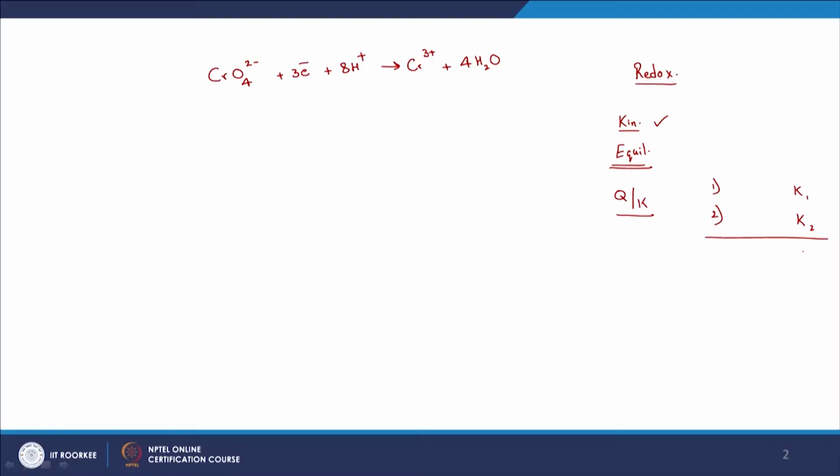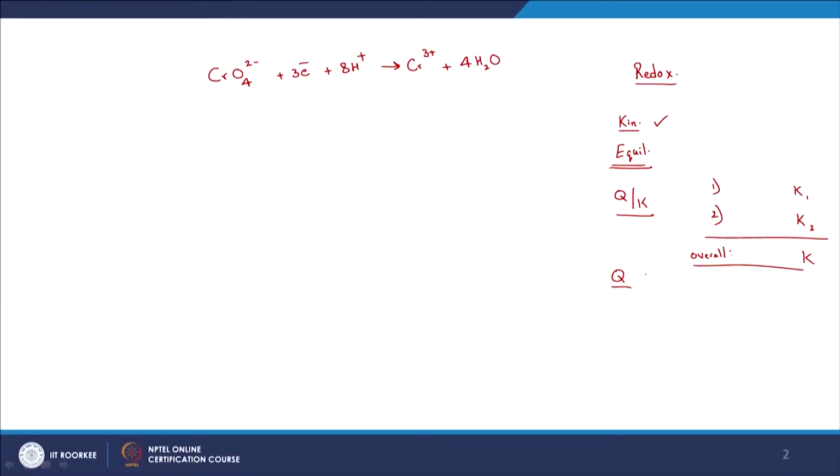Then we saw how to come up with our particular K for the overall reaction. The key is that the number of electrons transferred must be the same in both the reduction and oxidation half reactions.